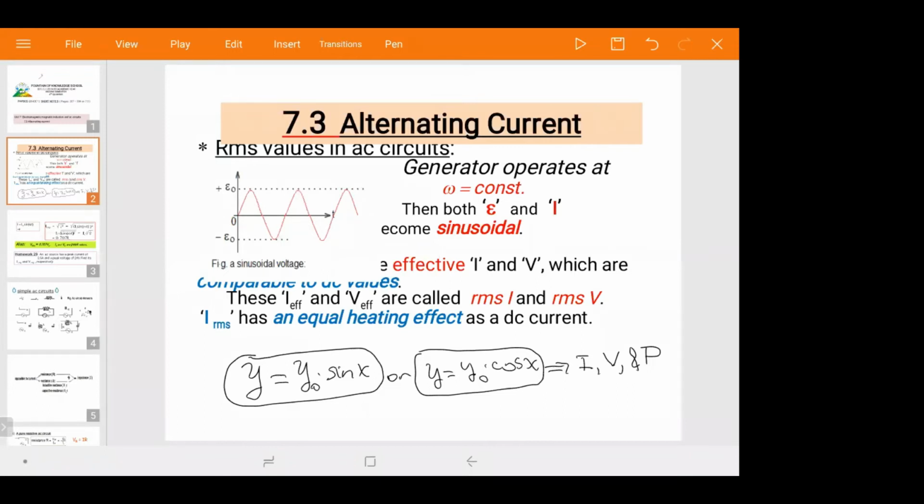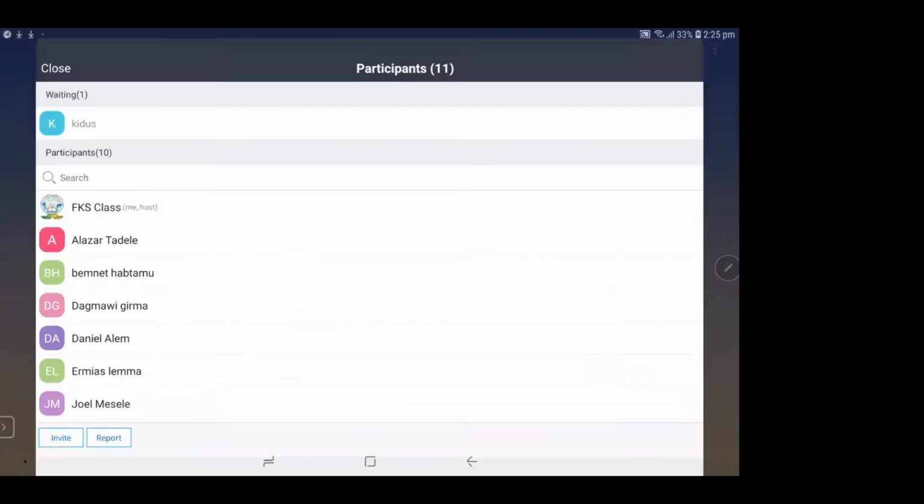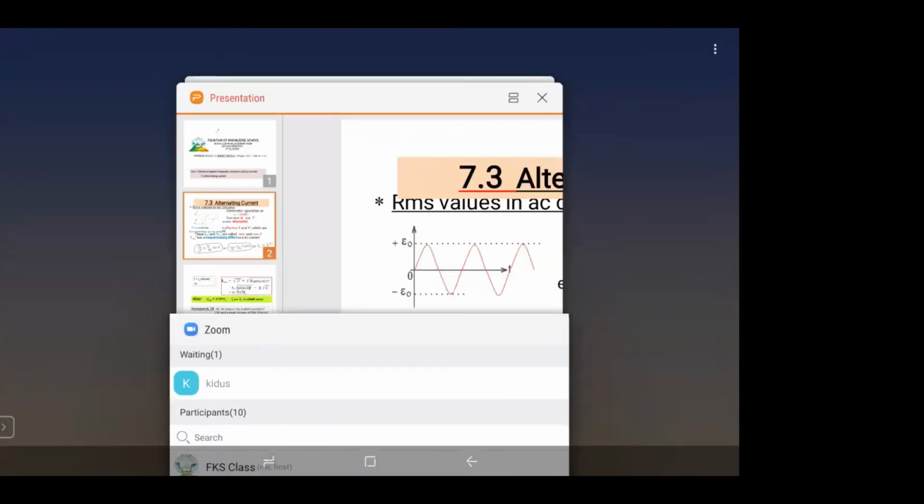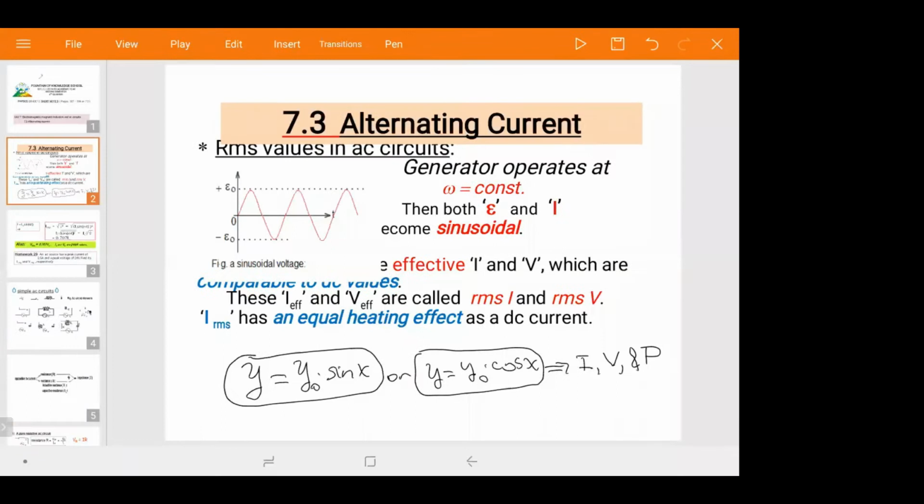The 0, the maximum, the average? Well, people discovered experimentally and then proved it mathematically that when we use something called effective voltage or effective current, it has the same heating effect as a DC voltage. That's it. So what is effective current?